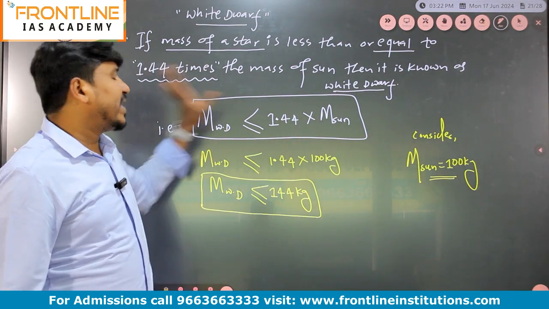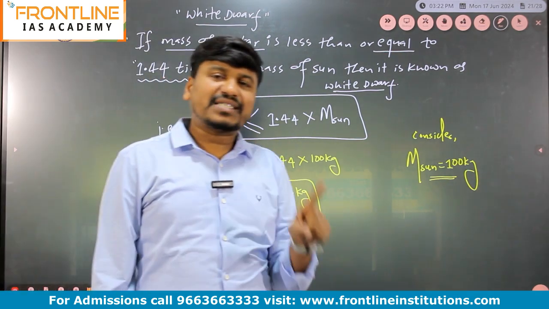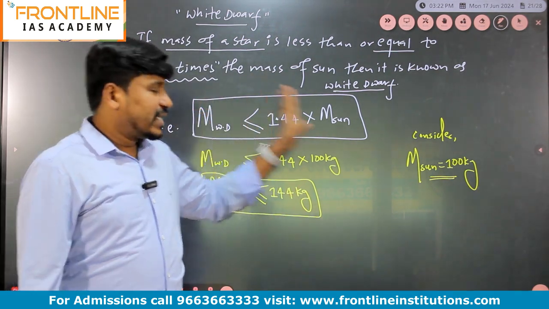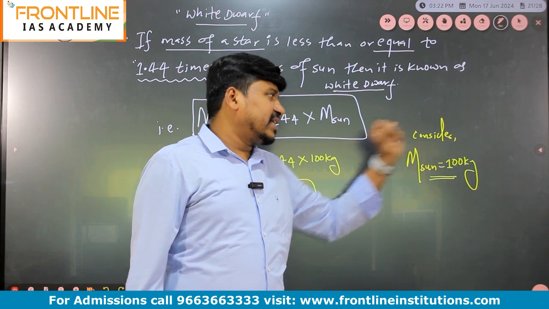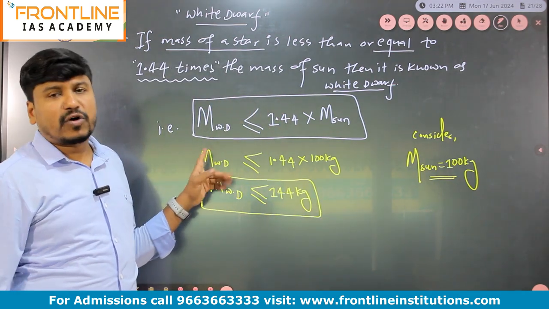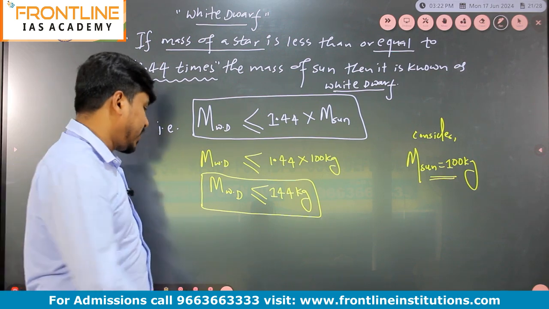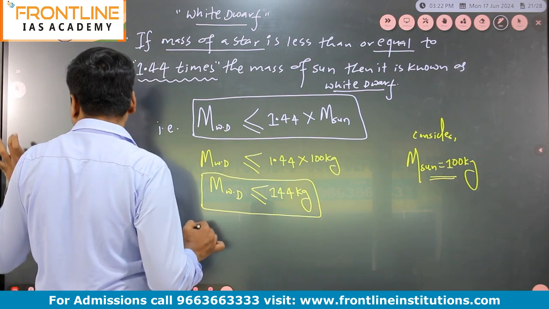If the mass of any star is less than or equal to 1.44 times the mass of the sun, then we call it a white dwarf. In the example, if the mass of the sun is 100 kg, its mass should be less than or equal to 144 kg. Here is one more interesting point.